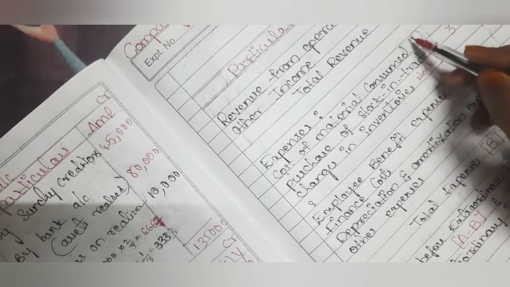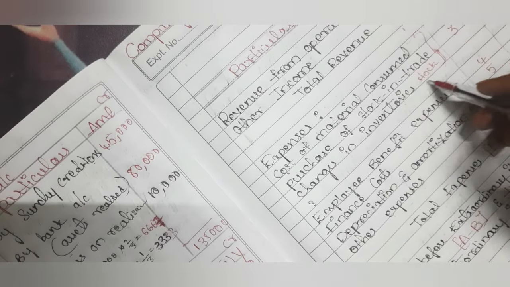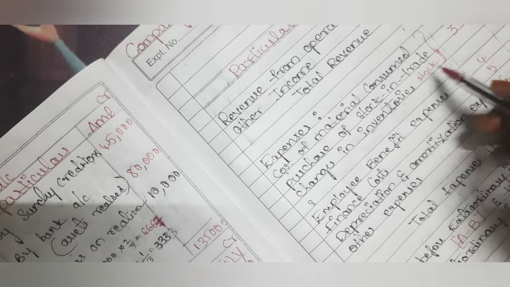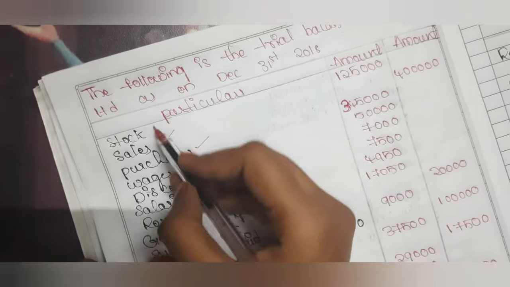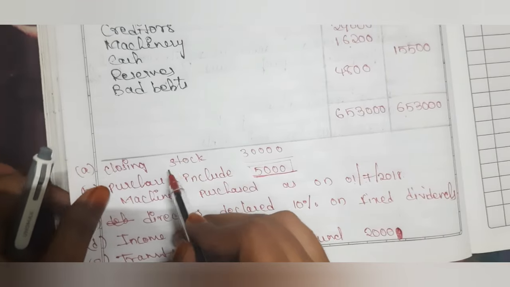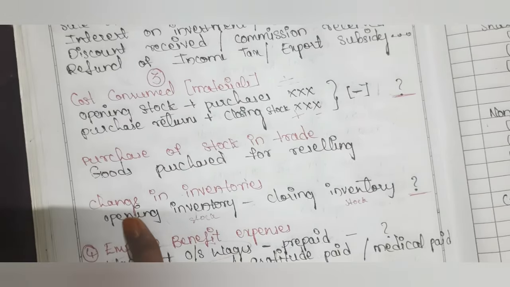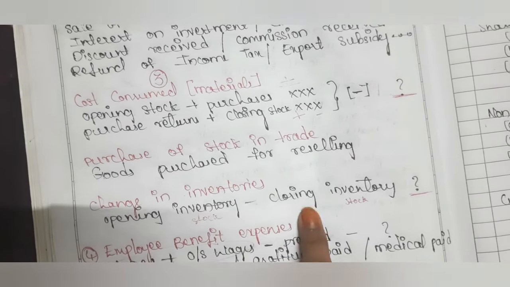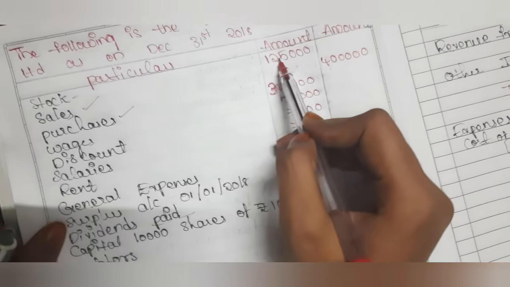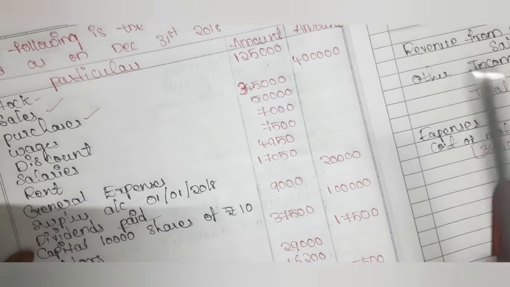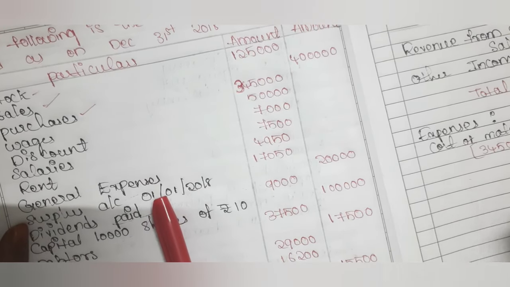Now next, what we have after cost of material consumed? Do we have inventories? Do we have stock in the question? Yes, we have stock in the question, and in adjustment also we are having the stock. If they give you stock, I said opening stock minus closing stock you do. You write here change in inventory.